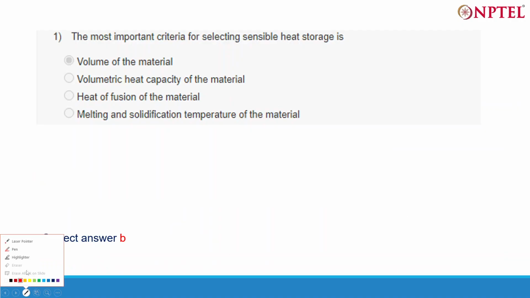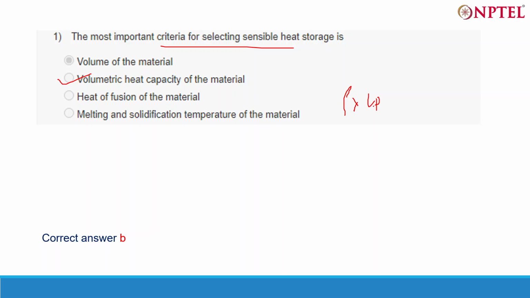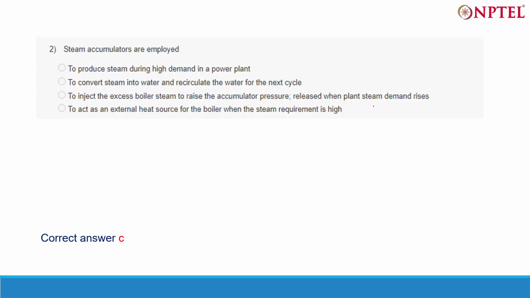The first question: the most important criterion for selecting sensible heat storage is volumetric heat capacity, rho Cp. This is very important. Steam accumulators are employed, so what is the use of steam accumulators?